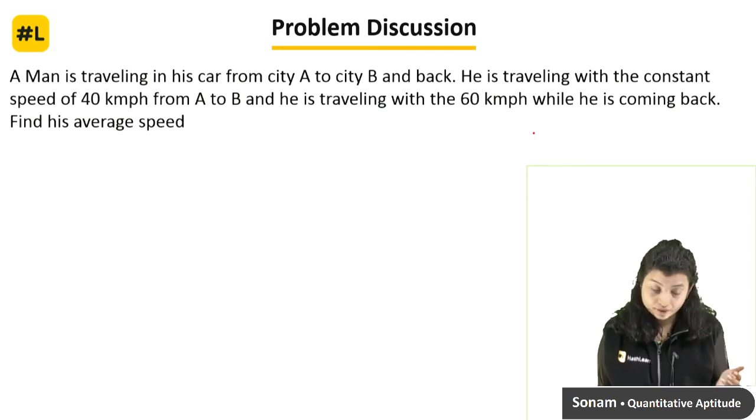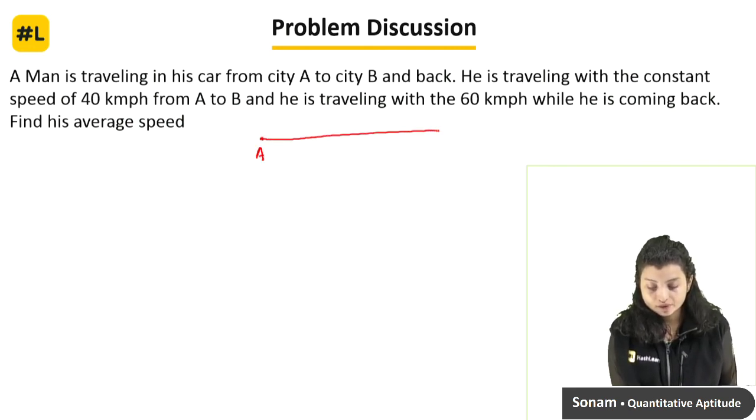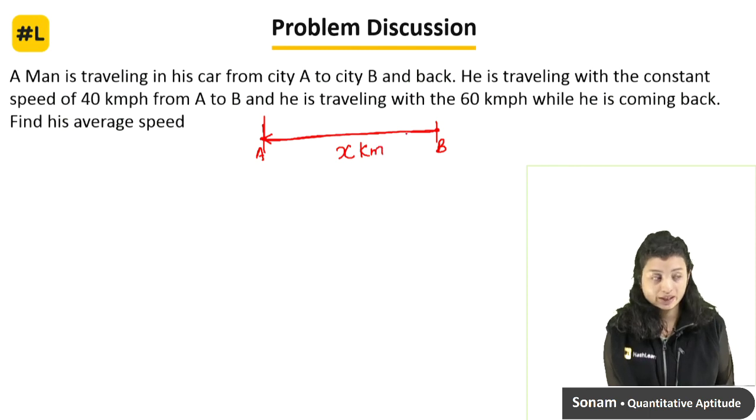I have given you the shortcut: if the distance traveled is the same. In this case, the person is traveling from A to B and then coming back from B to A, so obviously the distance traveled is the same. While going he travels x kilometers, and while coming back also he does x kilometers.